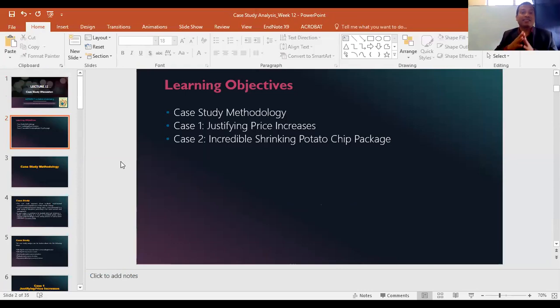Yes, case study methodology. I tried to give you the inputs and understanding at the beginning, and then we had a very good discussion around case 1 and case 2. I really appreciate it, and I'm saying thanks to all who participated today in this case study discussion. Without your cooperation, it could have been very tough for me to be just a one-way communicator.